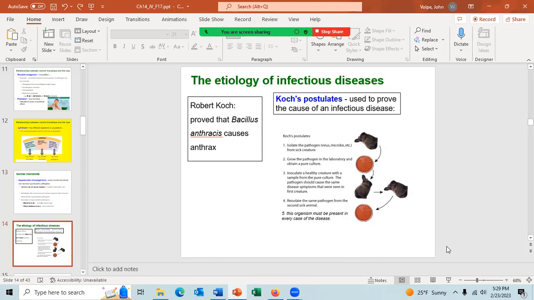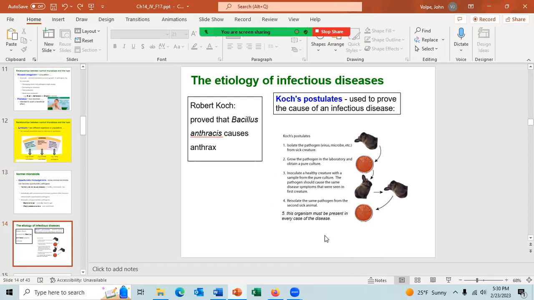All right, let's talk a little bit more about the etiology of an infectious disease. Koch's postulates are the steps that are used to prove that a given bacteria causes a given disease. Remember, Dr. Koch used these steps to prove that Bacillus anthracis causes the disease anthrax.